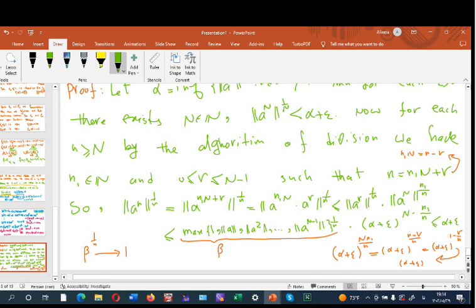Or we can write beta to the 1 over n times alpha plus epsilon. By these two reasons, this multiplication tends to alpha plus epsilon.